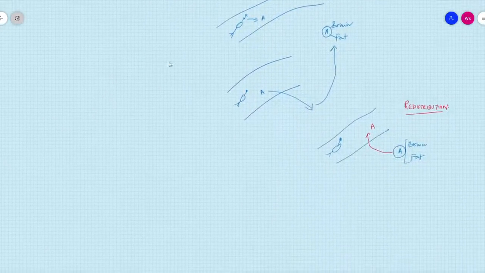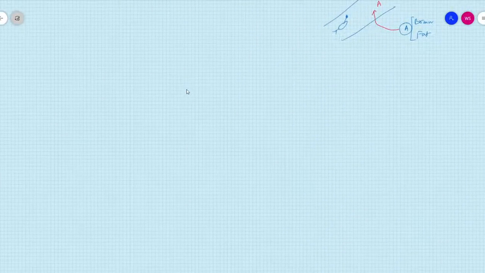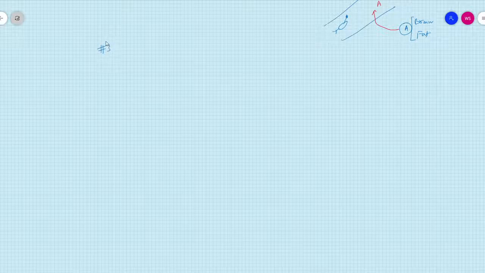There is a third important clinical consequence of protein binding. Okay, so let's look at that. And this is drug interactions. Okay, so let's see what we mean here.